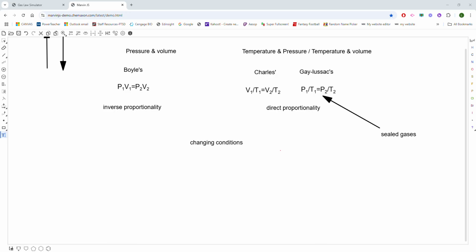I will often display the combined gas law in its more user-friendly form, which is P1 V1 T2 equals P2 V2 times T1. I prefer this iteration of the equation because it's easier to do simple algebraic manipulation if you're looking for a specific variable with changing conditions.